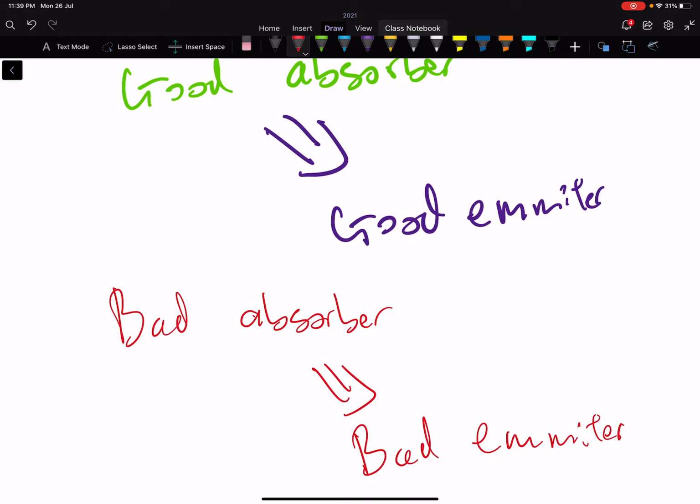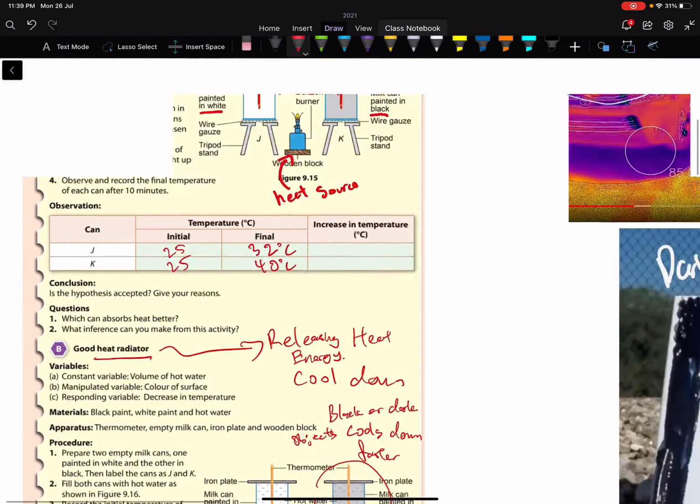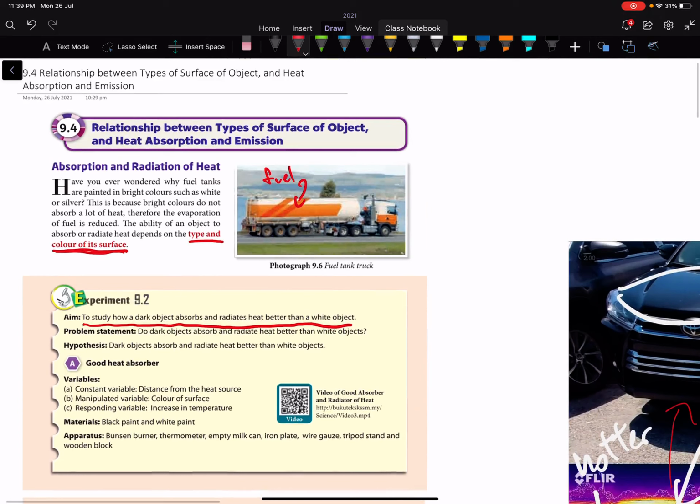Okay, so this is a very short lesson on 9.3, relationship between types of surface of the object and heat absorption and emission. Right? Thank you.